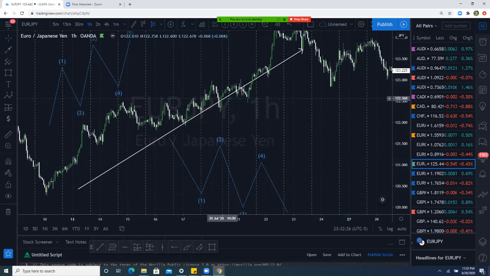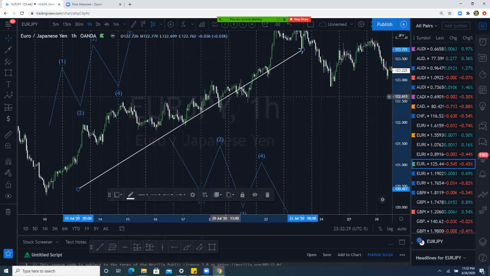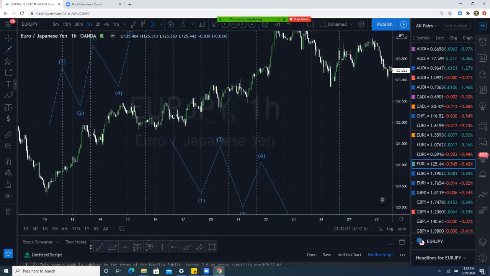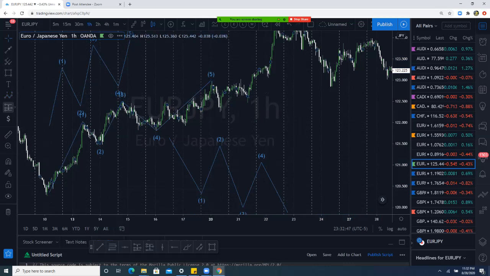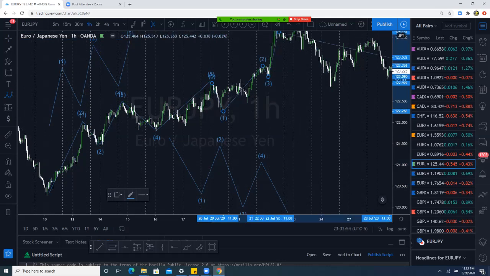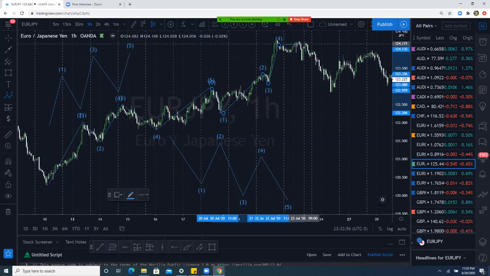So let's follow along with the actual higher highs and higher lows in this uptrend. I'm going to start here. You have the higher high followed by a higher low, higher high followed by a higher low, and so on, and then this is followed by a lower low.